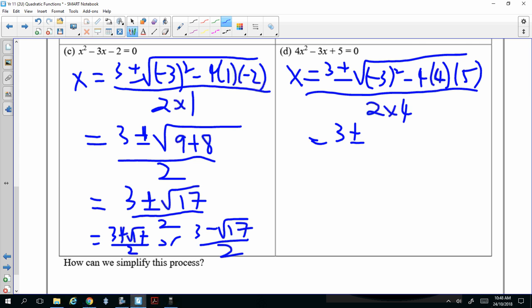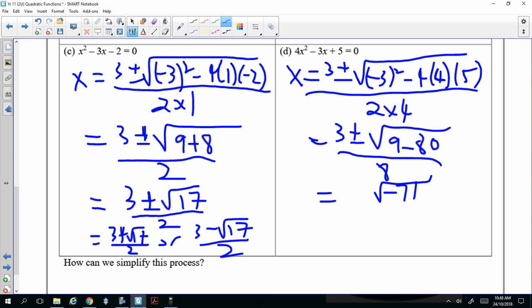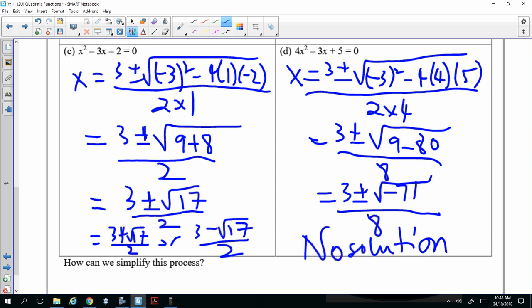Well, hopefully up to the last one, so you get 9 minus 80. And what's that? That's -71. Okay, good. So you say no solution. Okay, good. So what we do is we sort this, and hopefully you're done.